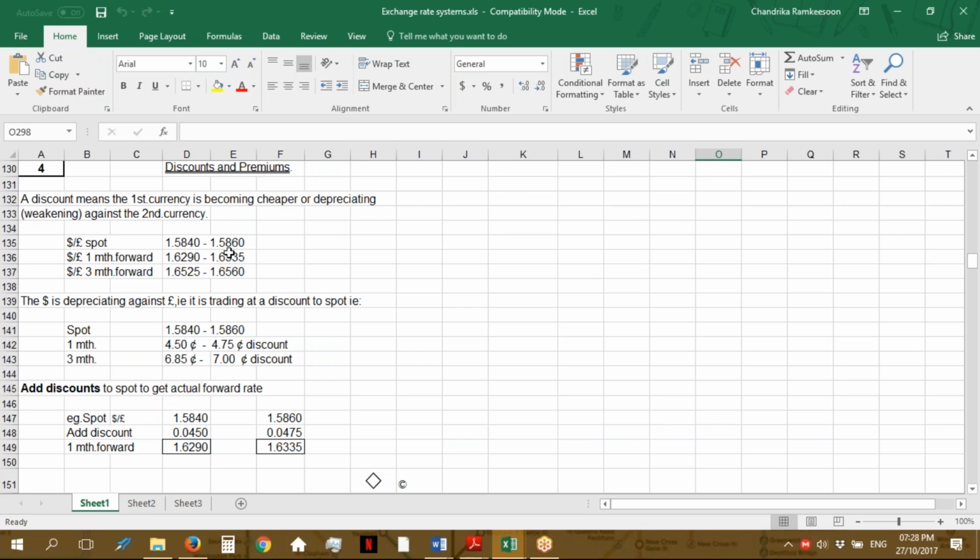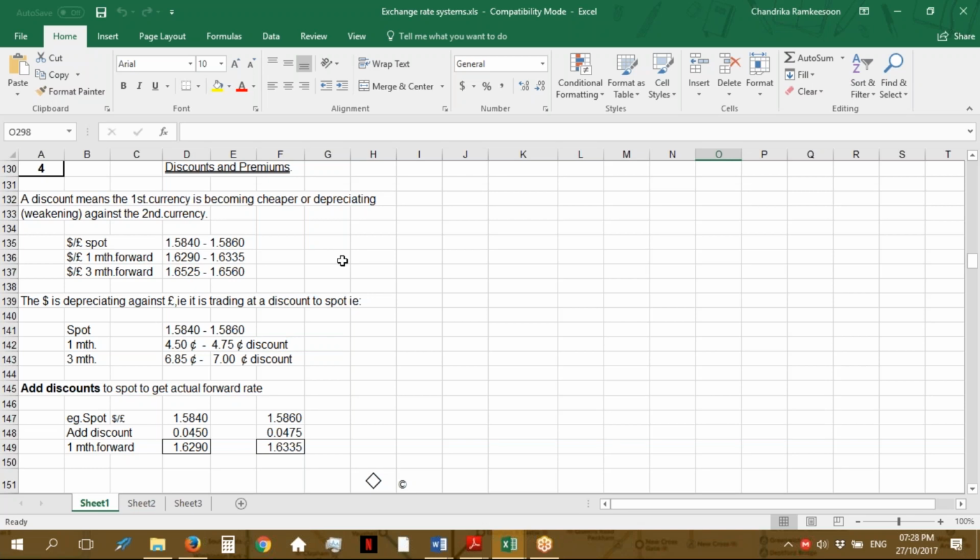Similarly, the difference between these two will also be a discount. The difference between 165.25 and 158.40 will reflect a discount also. Similarly, 165.60 and 158.60. We do not compare the forward rates with the previous forward rate. We compare the forward rates with the spot rate.